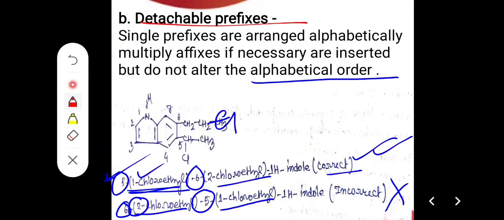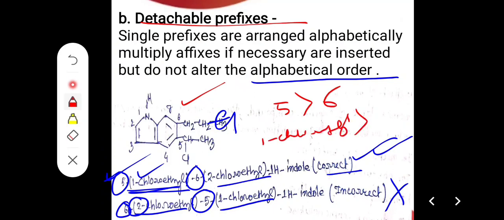Detachable prefixes: single prefixes are arranged alphabetically. Multiplying prefixes are necessary or inserted, but do not alter the alphabetical order. Alphabetical order is always maintained. In this structure, 5 comes first, then 6, and the 1-chloroethyl group comes first, then the 2-chloroethyl group.